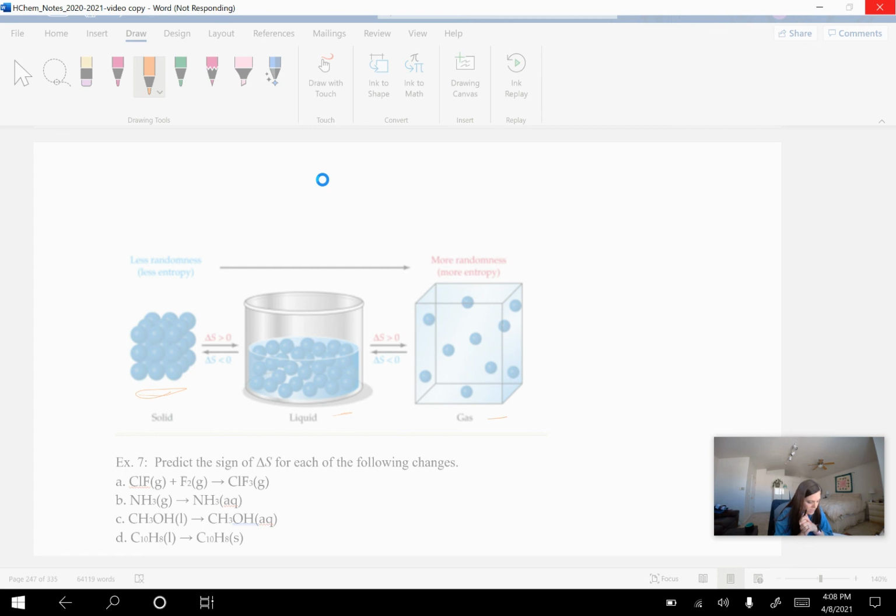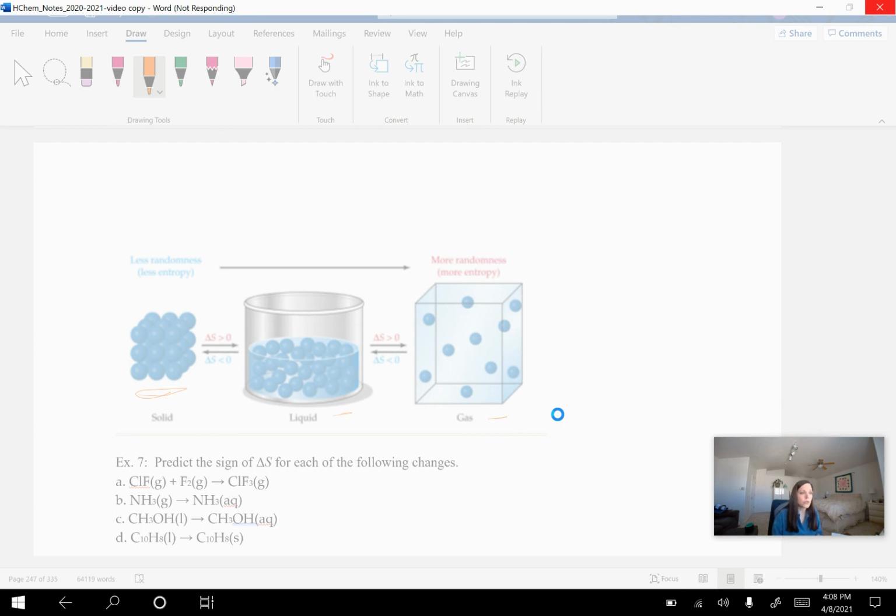Okay, let's just take a look at A, if you can still see it. We have example 7A. So we have chlorine fluoride gas plus fluoride gas going to chlorine fluoride gas. Okay, so in A, we have 2 molecules of gas on the reactant side. And then the chlorine fluoride, we have 1 molecule of gas on the product side.